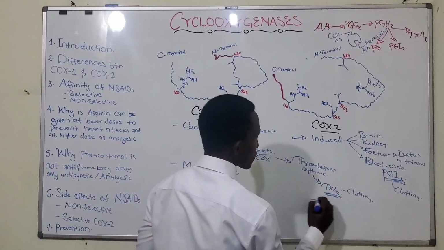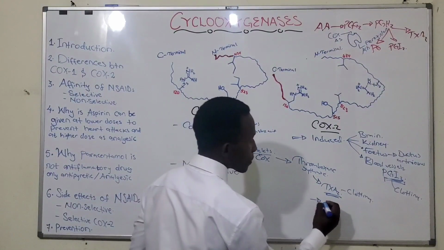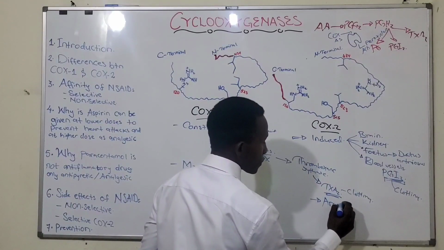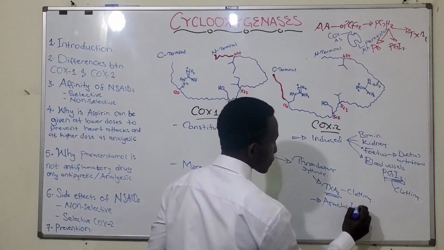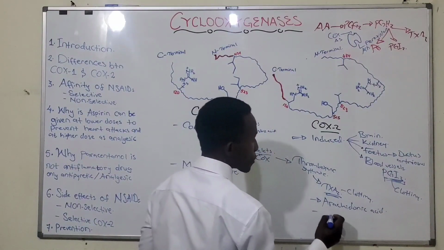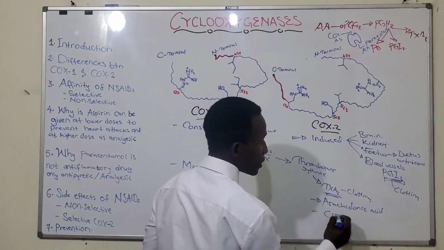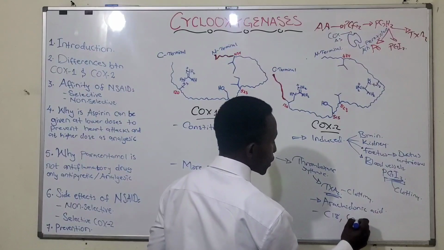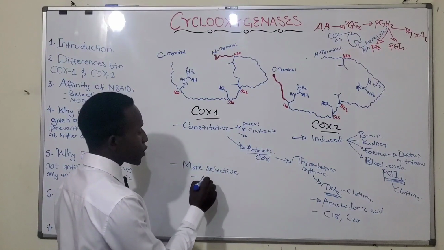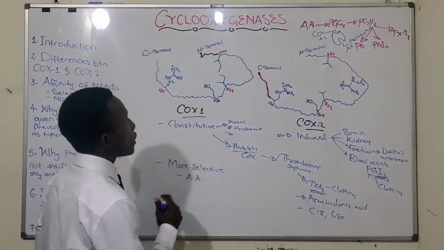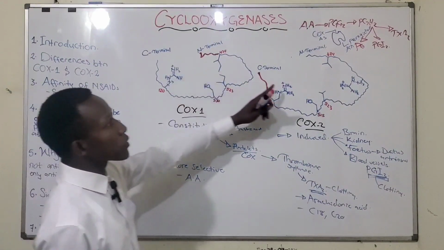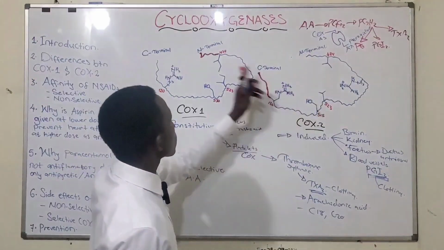Then COX2 can accept fatty acids like arachidonic acid, and also other fatty acids which are carbon 18 and carbon 20. This is carbon 20, but COX1 is more selective for arachidonic acid. Structurally, this is COX1, this is COX2.